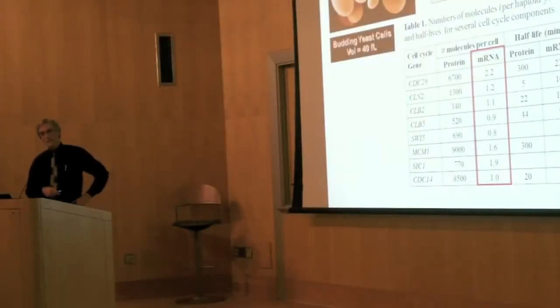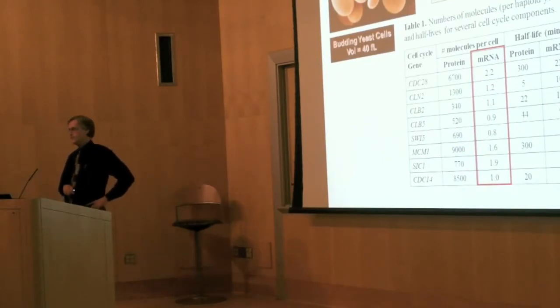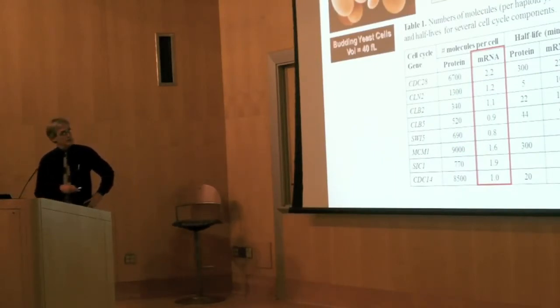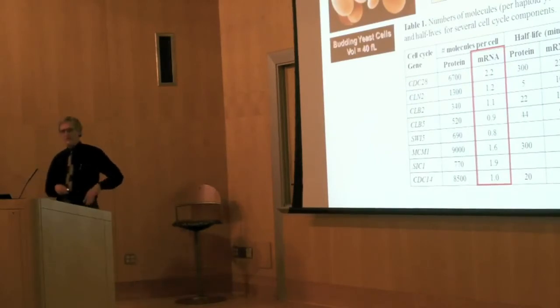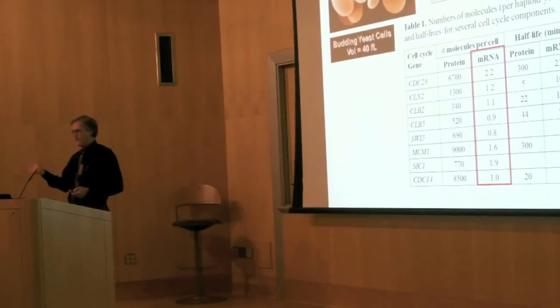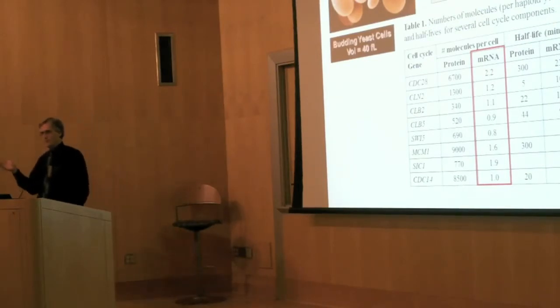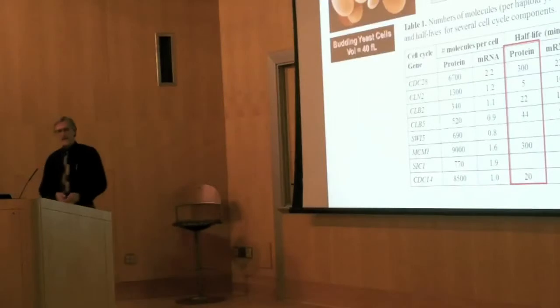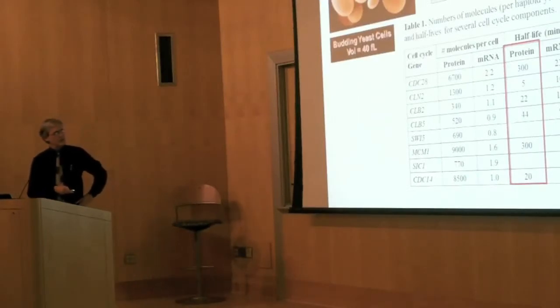The average number of messenger RNAs, this is a surprise. According to the web, there's only 1 or 2 molecules of messenger RNA of any particular gene in an average yeast cell. That seems to be an awfully small number. The half-lives of proteins vary all over the map, from very unstable proteins like Cyclin-2 with a 5-minute half-life to very stable proteins like CDC28.